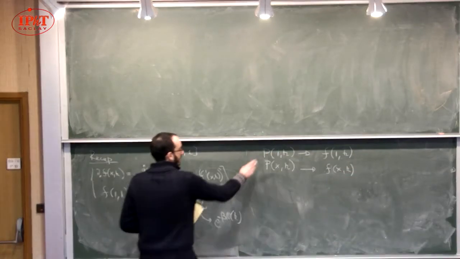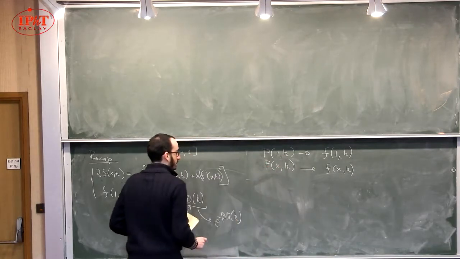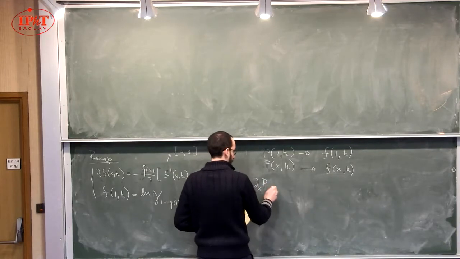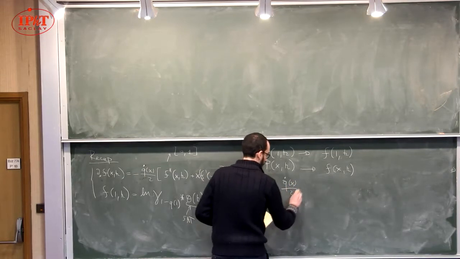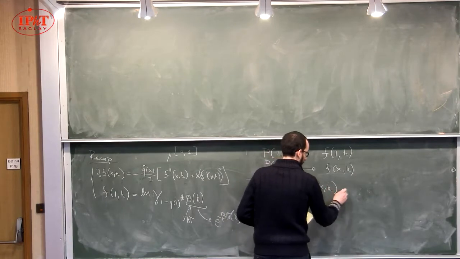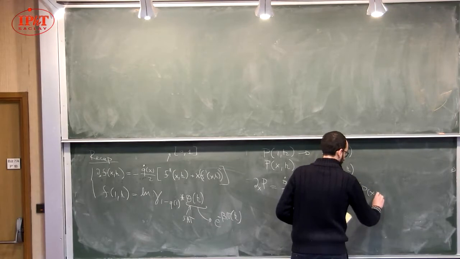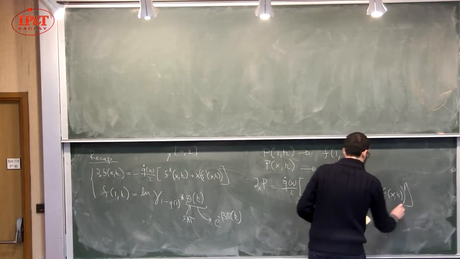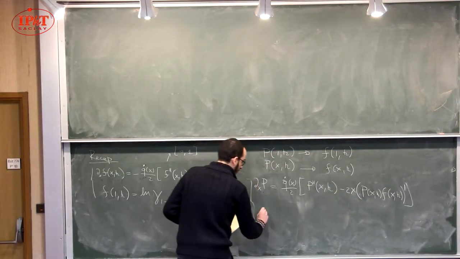And at the saddle point level, we have a flow equation for this function, that is the following. And we had an initial condition, a boundary condition.